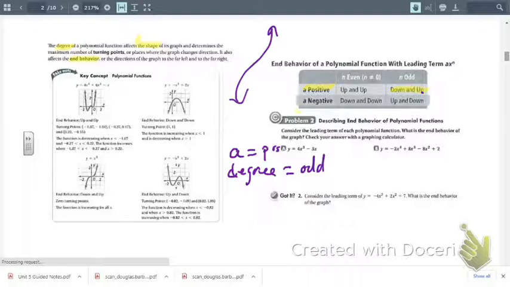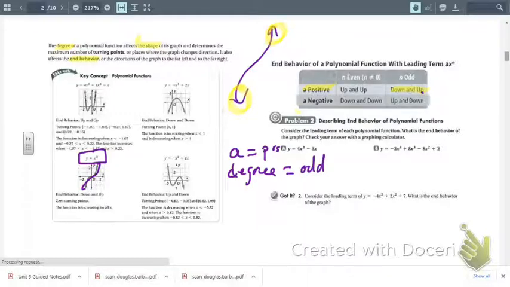So this starts down here and it ends up here. Okay? Now we can kind of see an example right here, y equals x cubed. So this is a specific example where your A is positive and your degree is 3 and it's odd, and so you can see it starts down and ends up.